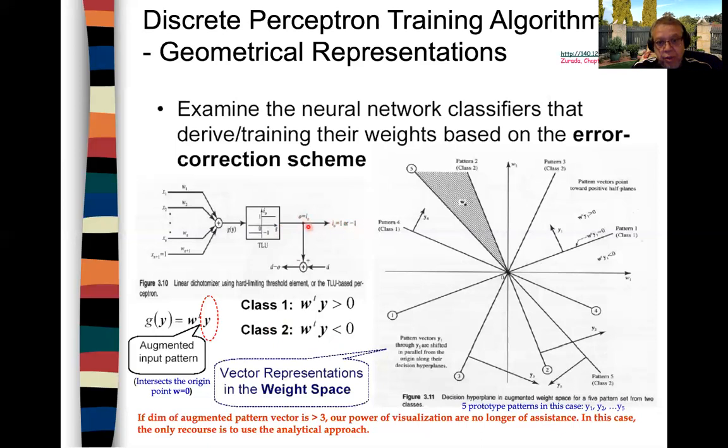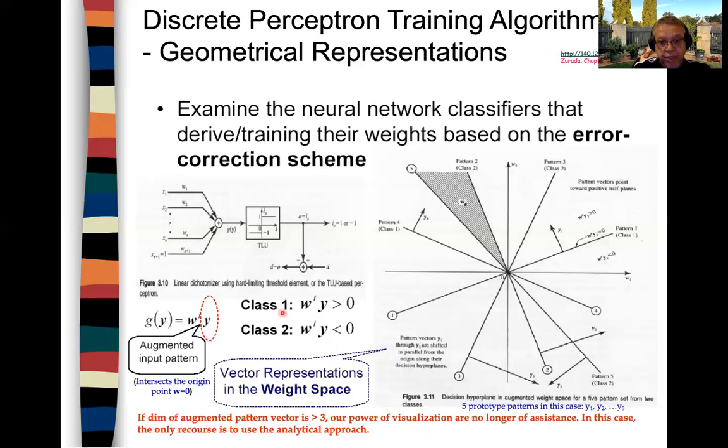And then because we're working on an error-based correction scheme, we take this output, O, and we look for the error, D minus O, and we use this error to adjust our weights.